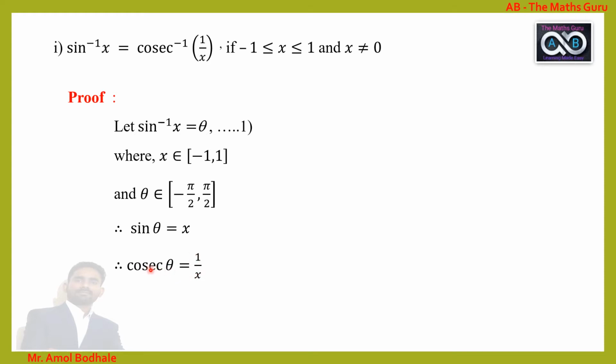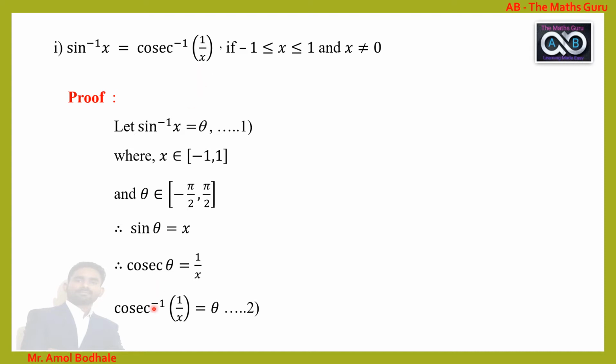Now from this we can write cosec inverse of 1 by x is equal to theta. And if we compare statement 1 and statement 2, sine inverse of x is theta as well as cosec inverse of 1 by x is also theta.